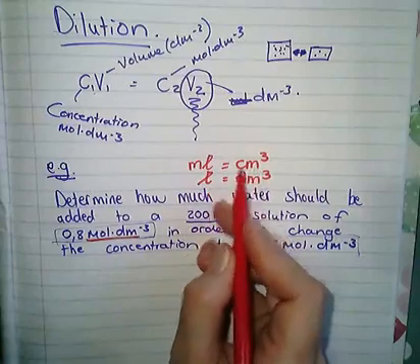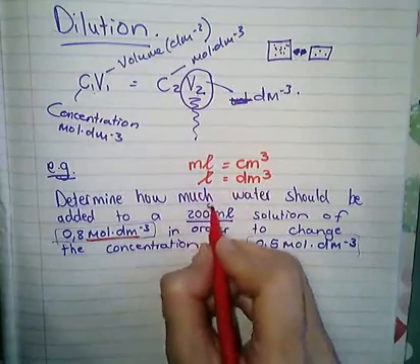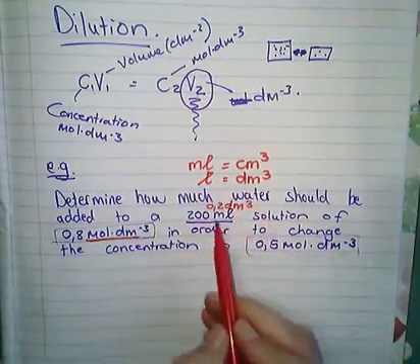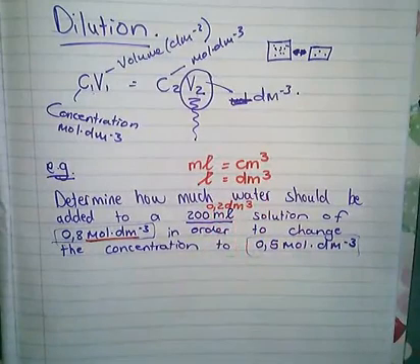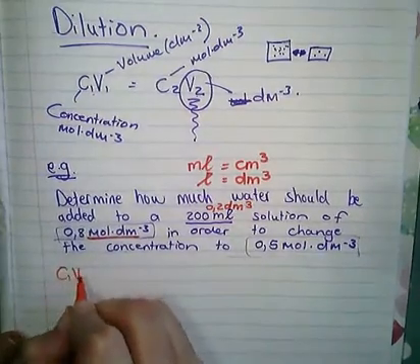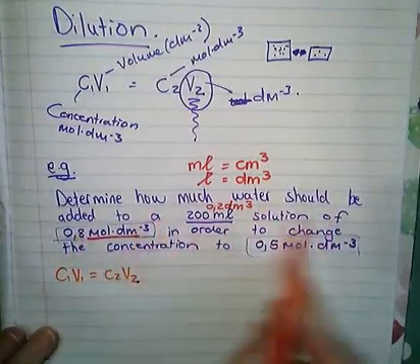Now, we know that C1V1 is equal to C2V2. They tell us, determine how much water should be added. So we need to find the final volume and then subtract from the initial volume. We're given the volume of 200 milliliters, and we're given the concentration to change it to another concentration.